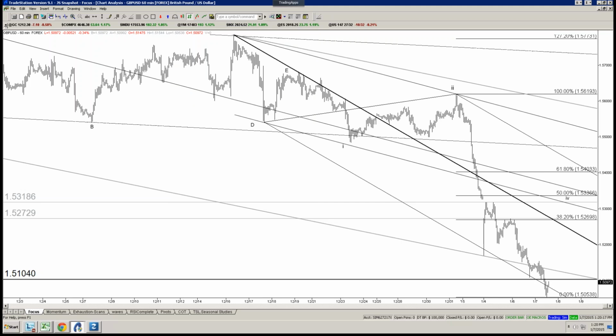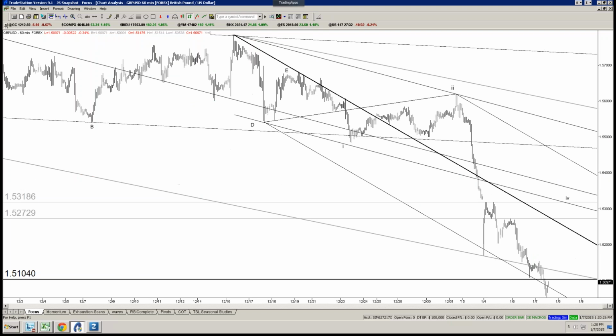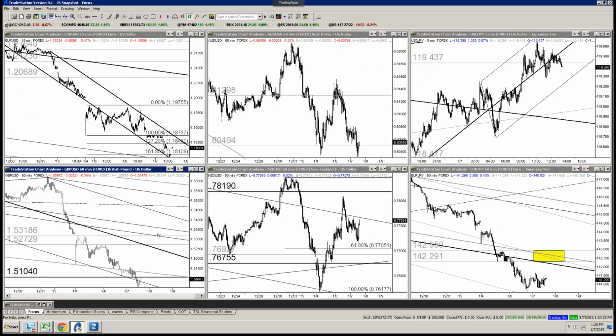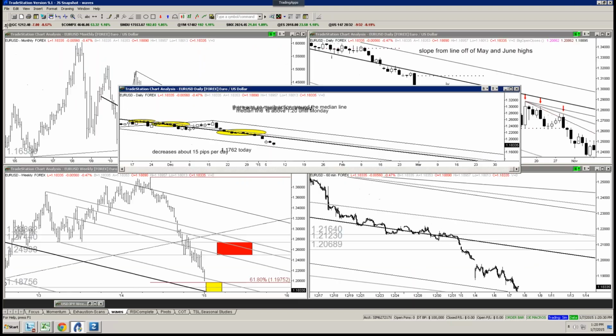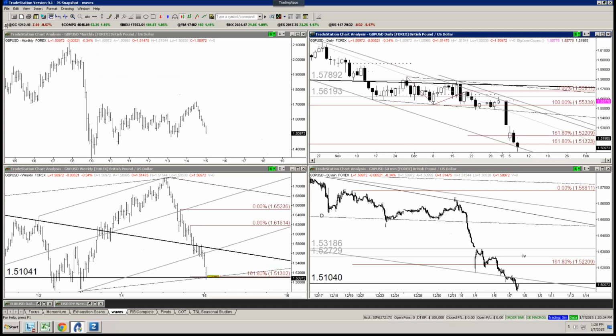There we go. So you can see how the median line cuts through some of these price levels. In fact, the lower parallel cuts through recent lows. So this might be a level or a zone to watch for resistance as well.